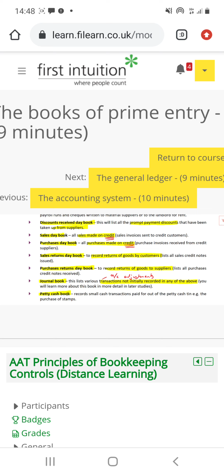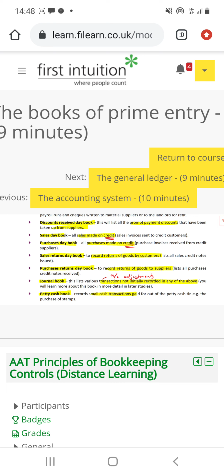And then finally, last one here, the petty cash book. This is where we are now dealing with genuine cash, notes and coins, and very small cash transactions. Increasingly this is becoming less and less common within businesses.